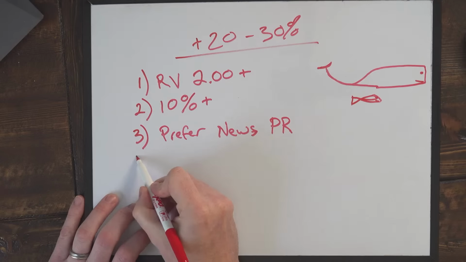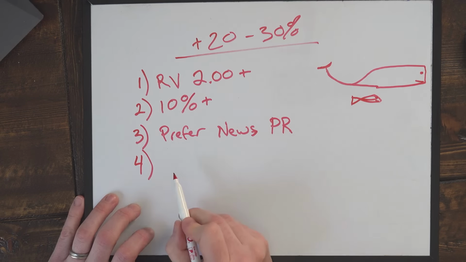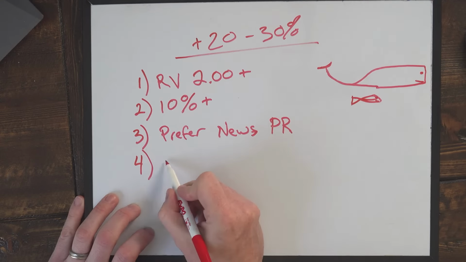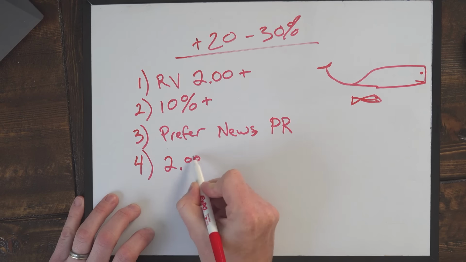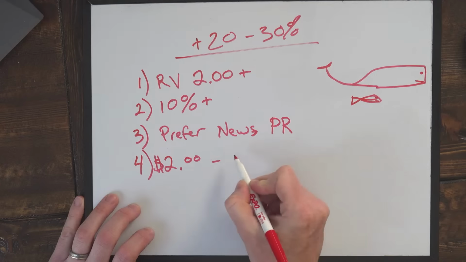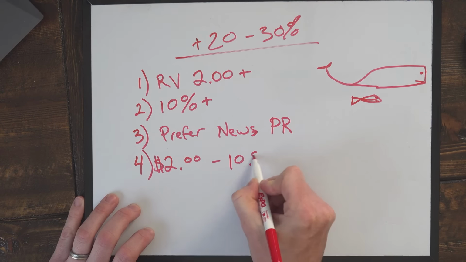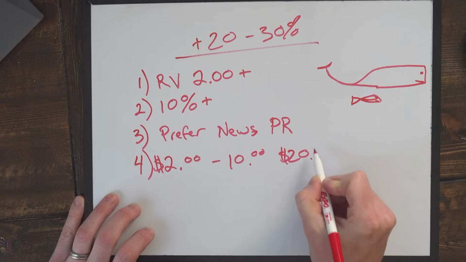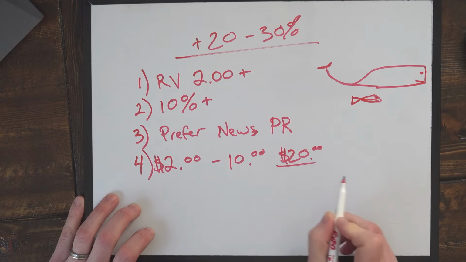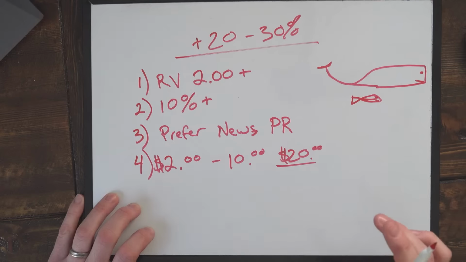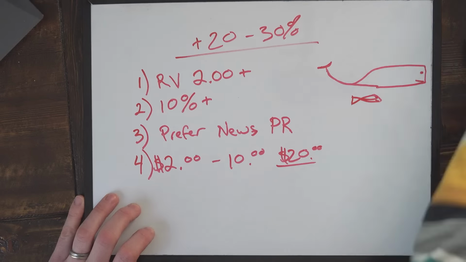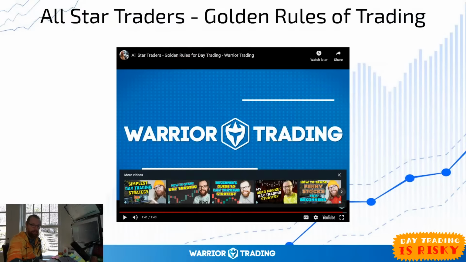Number four, I have found that we see the biggest percentage moves on stocks that are between $2 a share and kind of like $10 a share, but up to 20 is okay. The problem with trading over 20 is that unfortunately you start to get big spreads on the level 2, which we could look at in this example here.